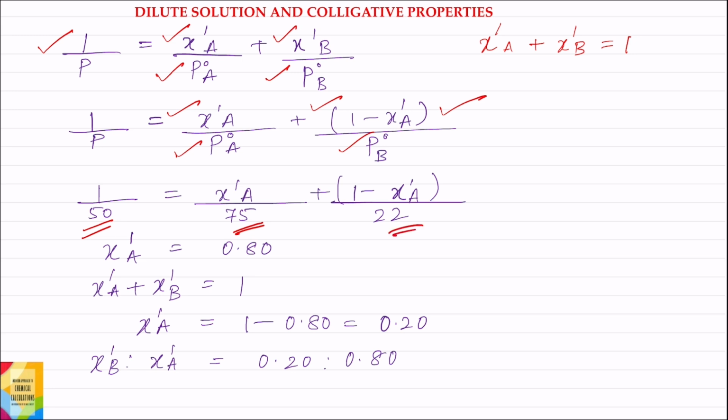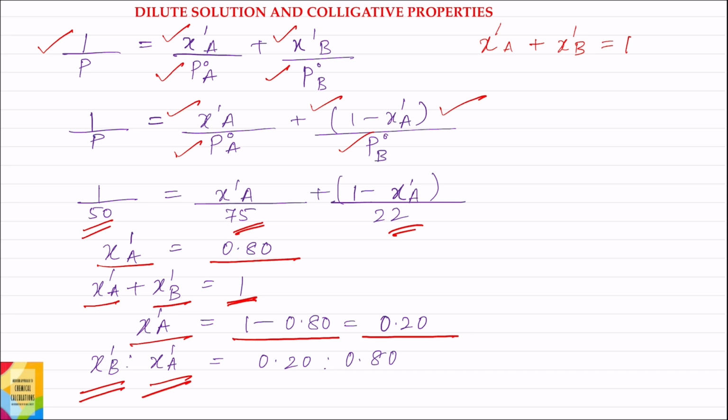Solving, the value of X dash A, that is mole fraction of toluene in the vapor state, is approximately 0.80 and since X dash A plus X dash B is equal to 1, therefore X dash B, that is mole fraction of benzene in the vapor state, is equal to 1 minus 0.80, which is equal to 0.20. Therefore, in the vapor state of the solution, the ratio between the mole fraction of benzene in the vapor state is to mole fraction of toluene in the vapor state is equal to 0.20 is to 0.80.